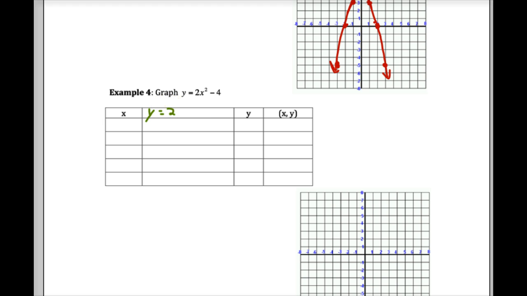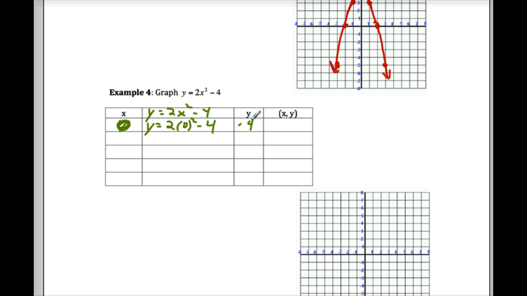y equals 2x squared minus 4. Let's try 0. 2 times 0 squared minus 4. What will y be when x is 0? 0. Keep going. 4. Close. -4.